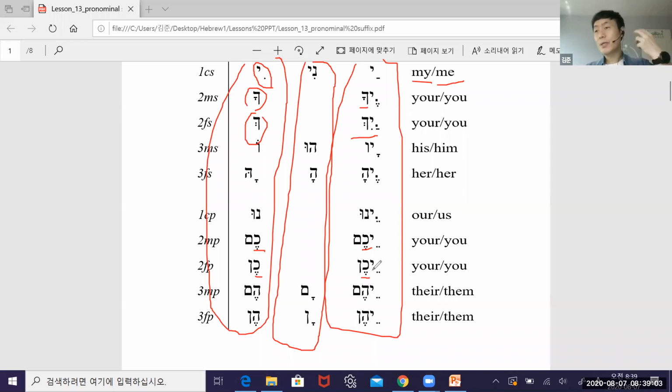You need to really see the pattern so that you can remember it easily, rather than just sit down and write and try to memorize. No, it doesn't work. When I was studying in high school in Korea, we were required to write one English word like 50 times. That was our assignment to memorize.